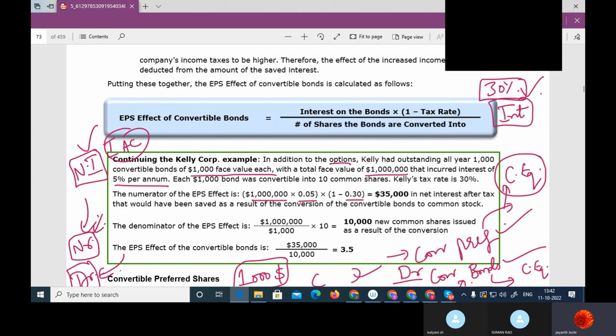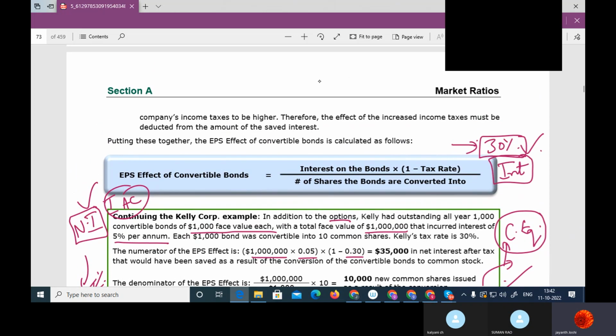This is what government does: it gives some benefits to companies, a tax relief. That means you can claim deduction of 30% of the $50,000 interest.